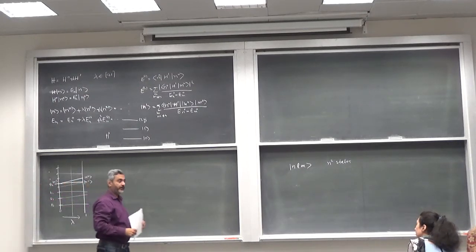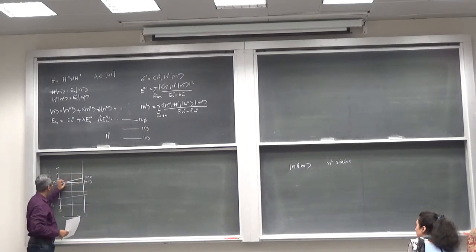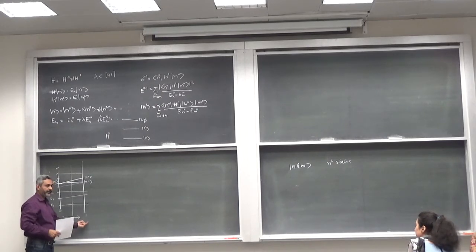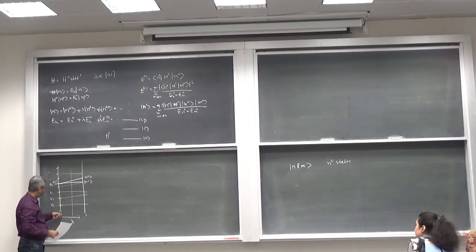Yes. These two states don't have different energies when lambda is 0. But when lambda is finite, when you turn on the perturbation, then these two have different energy. These are the energies that I'm talking about. So on this line, when lambda is 0, the energies are all distinct except that corresponding to this energy there are two states.